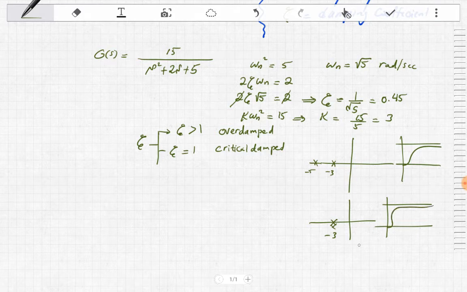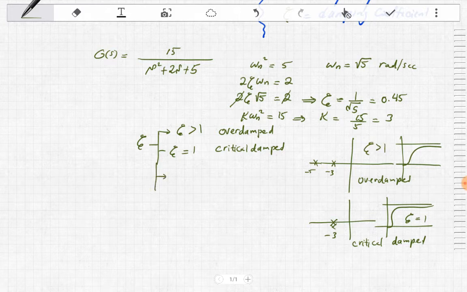So that one is called critically damped, and in this case eta is equal to 1 and the roots are real and equal. And the overdamped case has roots that are real but not equal; in this case, eta is greater than 1.